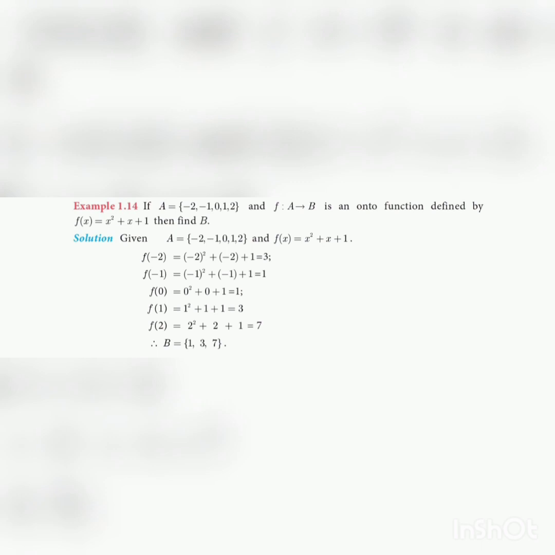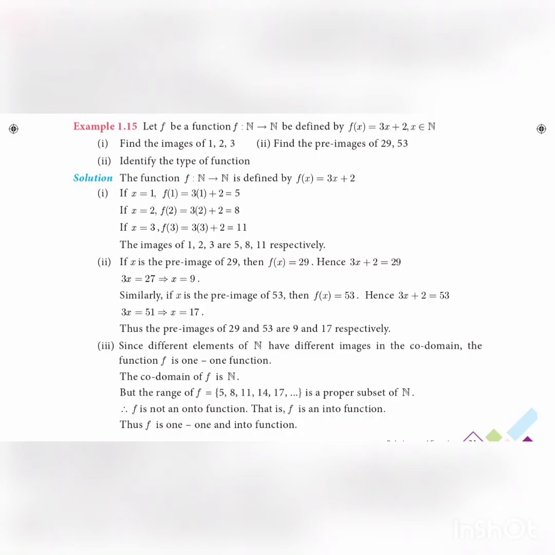So f of 0 is 1, f of minus 1 is also 1, but there is no need to repeatedly write 1 in B because a single element has more than one pre-image. Therefore, finally, we write the collection {1, 3, 7} as set B, the codomain for this function.